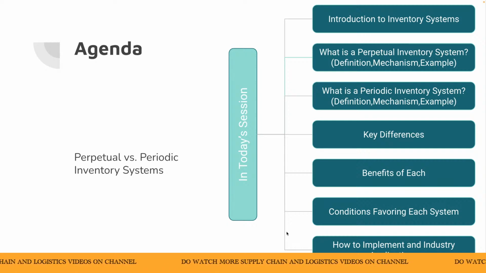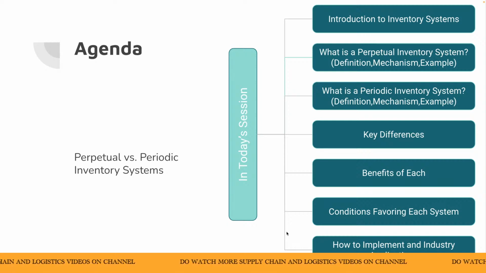Here we will cover the definition, the mechanism, and an example. After understanding each system, we will cover the key differences between the two, the benefits of each system, and the conditions which favor either system.